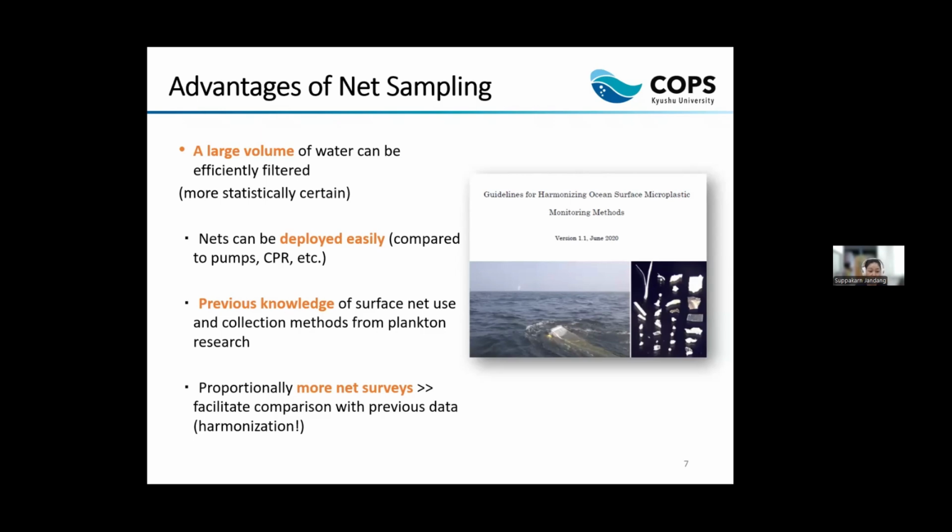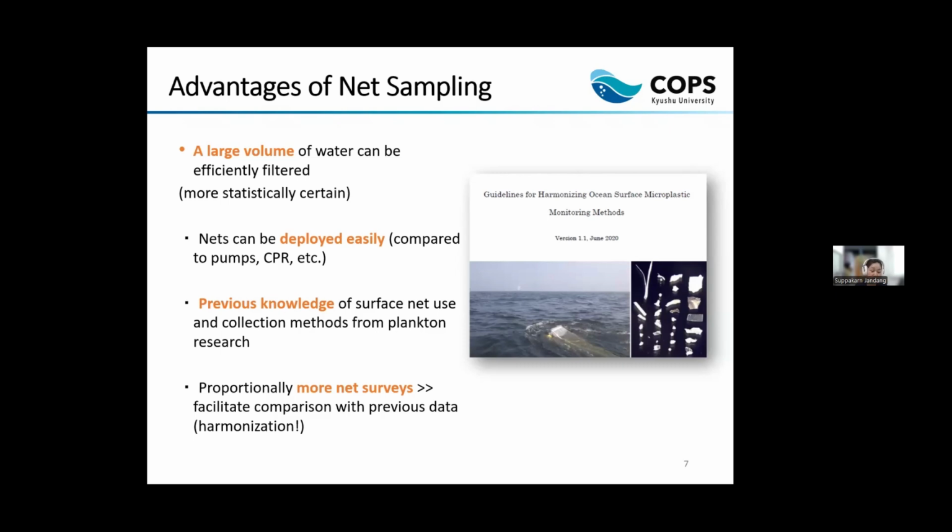The net is also easier to deploy compared to a pump or a more complicated machine like a CPR, a continuous plankton recorder, something like that. And how is it beneficial compared to previous work?